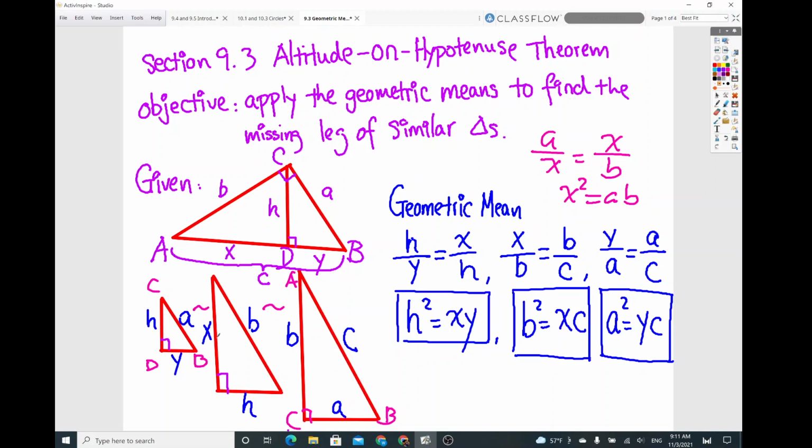Cross multiply, so B squared equals X times C.